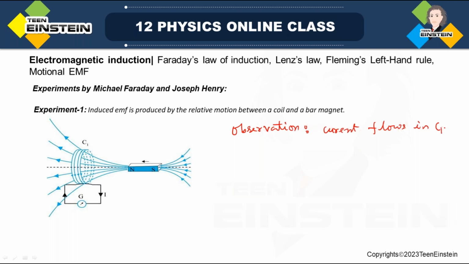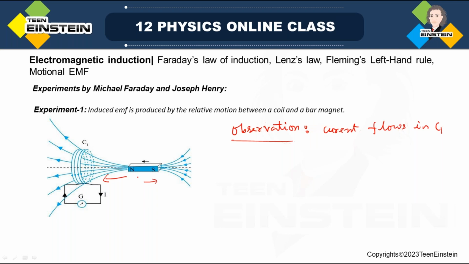So this was an observation. Now, one more thing is that when the bar magnet is moved towards and away, there was a change in the direction of the current through the coil.